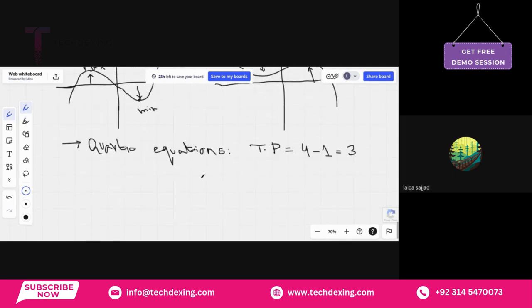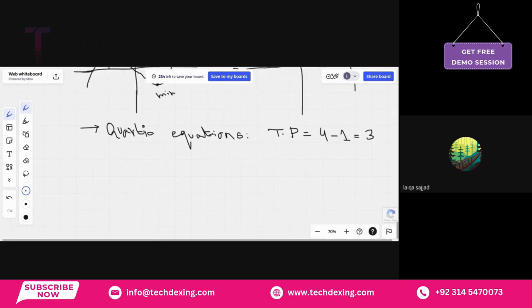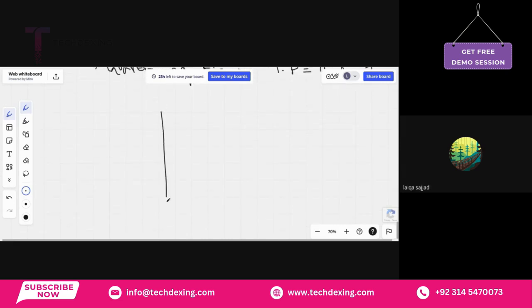In a quartic equation, we can see that the turning points should be 3. So the graph would be like this.